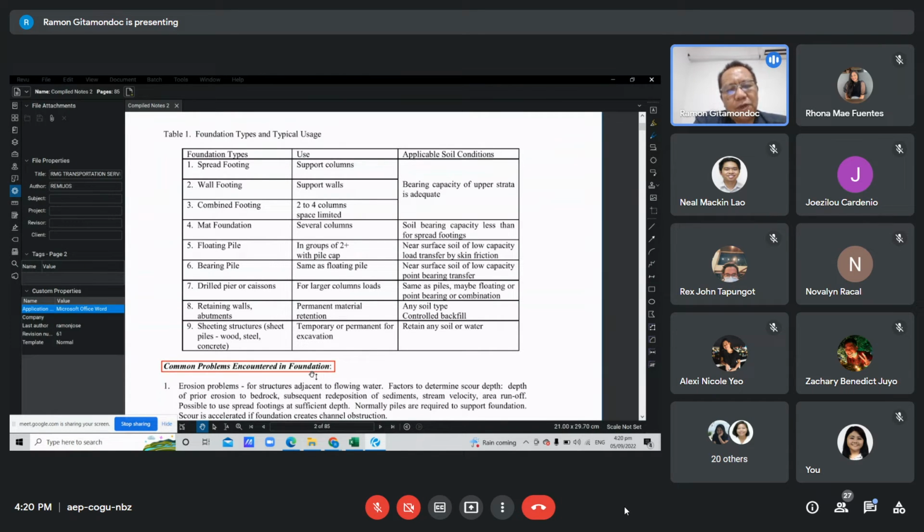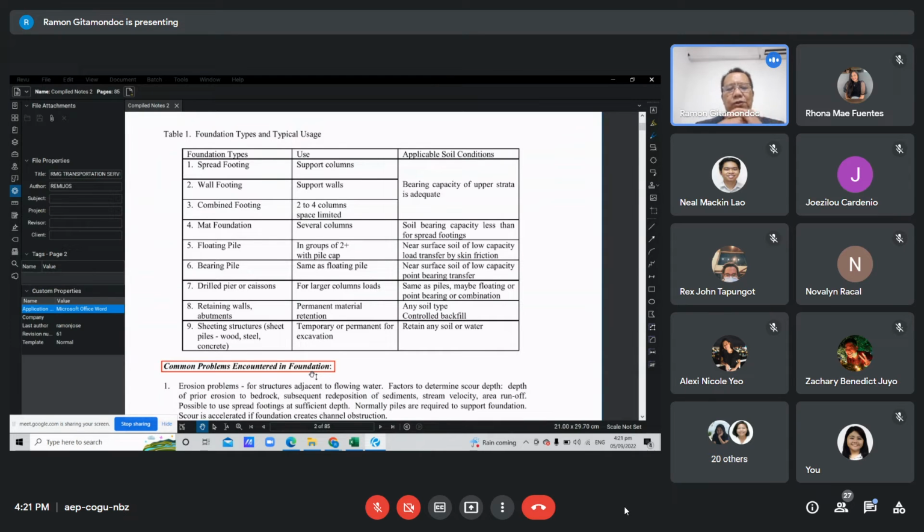Then 8, you have the retaining wall or abutments in the case of bridges. The use is for permanent material retention, and the applicable soil condition is that the backfill at the back of the retaining wall should be of controlled characteristics. Then 9, you have the sheeting structures, which can be sheet piles made of wood, steel, or concrete.